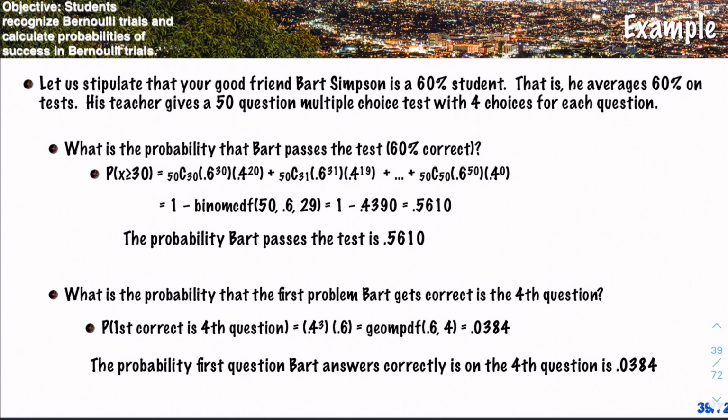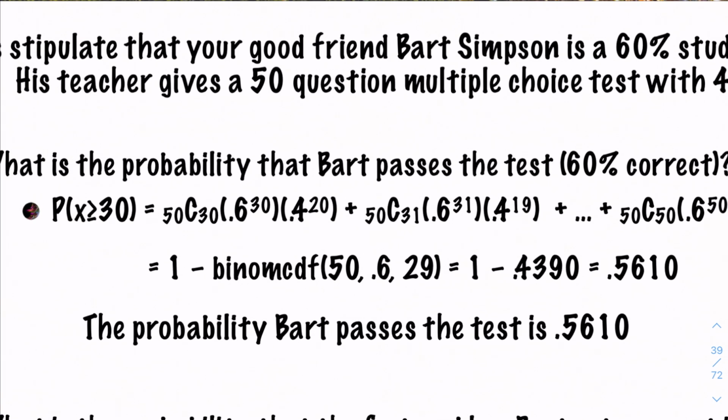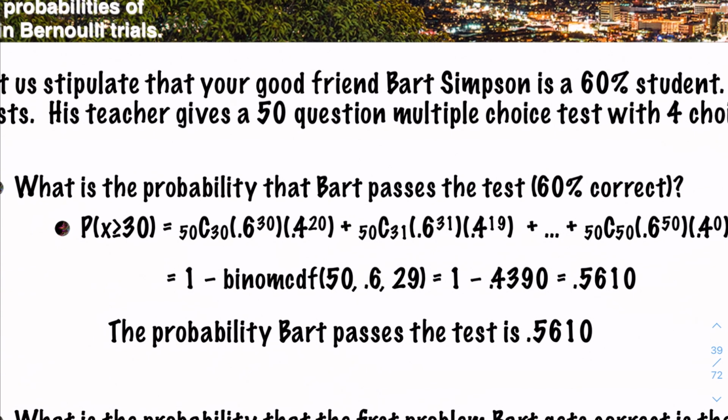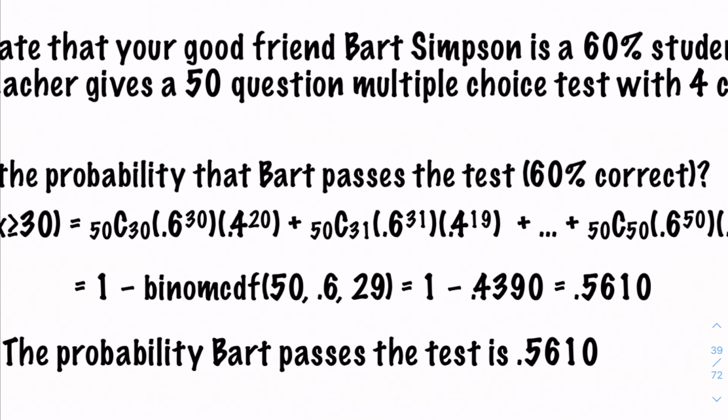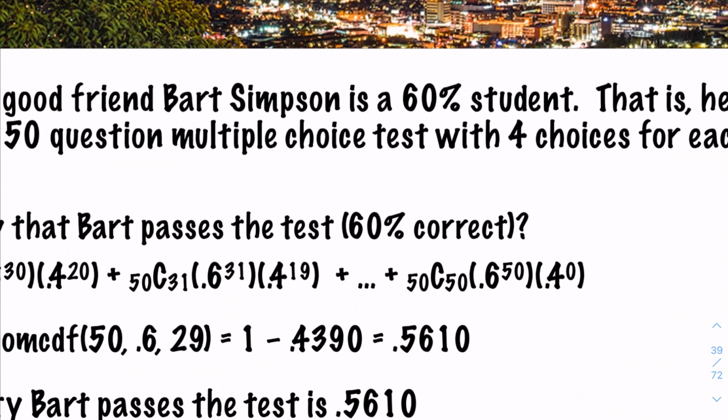60% correct? Okay. So I want to know, what's the probability that he gets 60 or higher? So I could find out the probability of getting 30 or more by finding the probability of getting 30 plus the probability of getting 31 plus the probability of getting 32 plus the probability of getting all 50 correct. Well, that's way too much work.